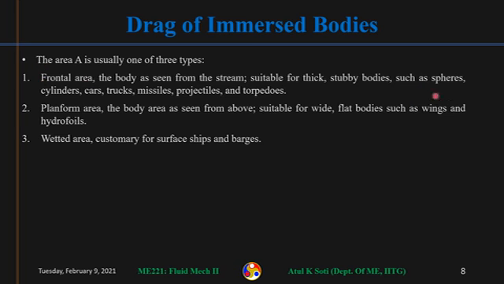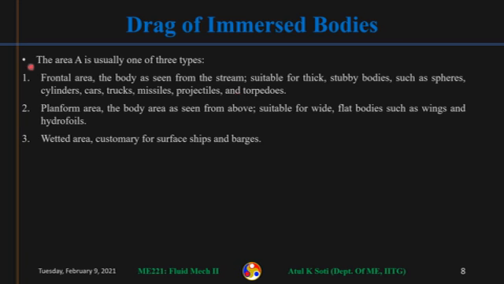So if we are studying problems like cylindrical bodies, then we can use A as the frontal area. This is suitable for thick stubby bodies such as spheres and cylinders, or cars or trucks.